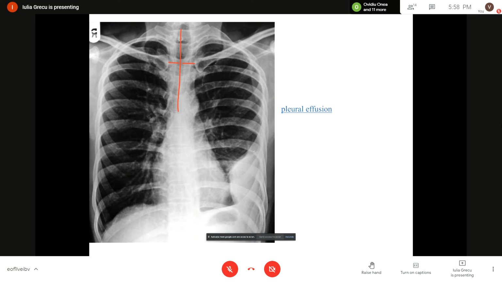Okay, but this time the loculation occurs on the lateral thoracic wall.